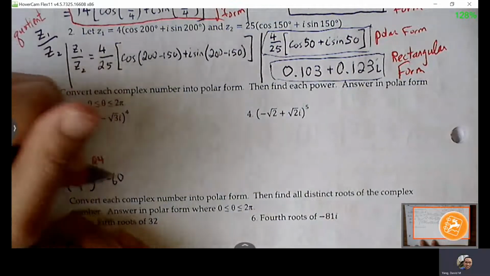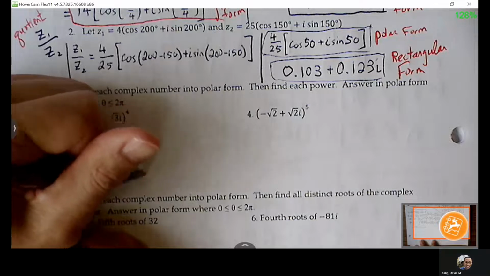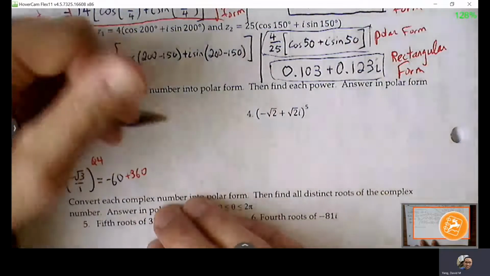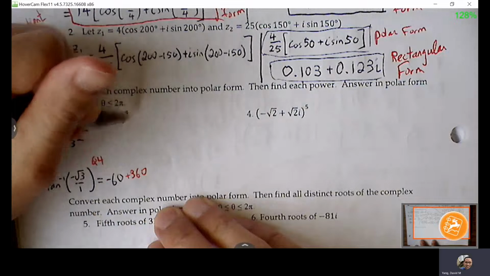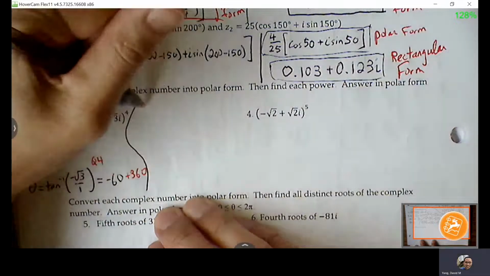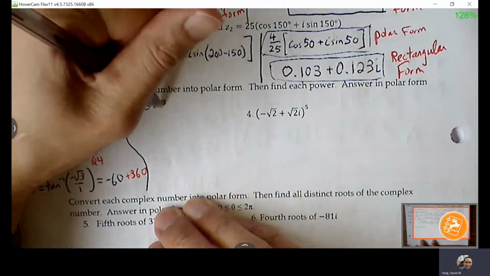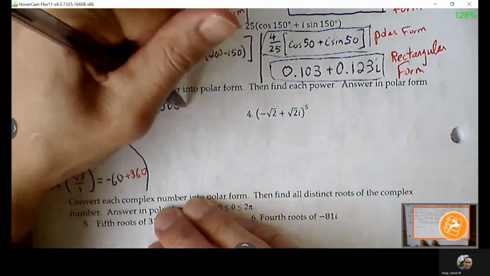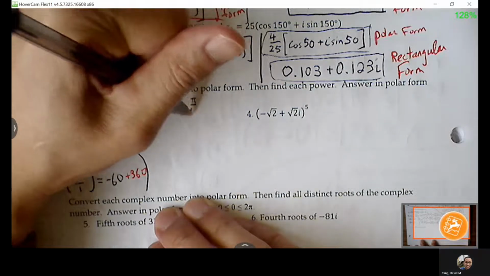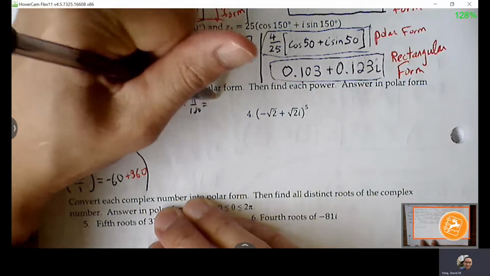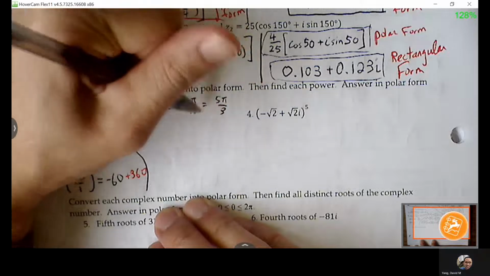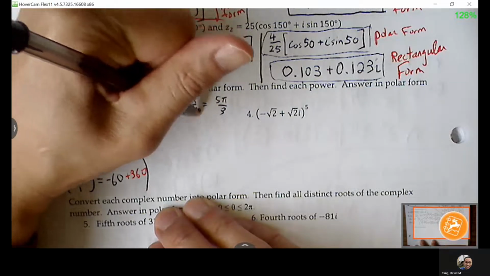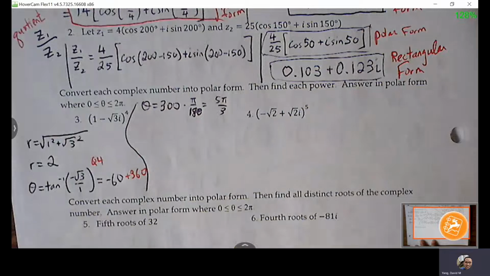Quadrant 4, right? Which is 5 pi over 3, yeah.